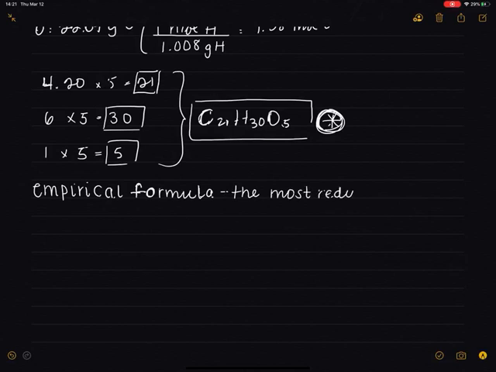When we talk about the empirical formula for a compound, we're talking about the most reduced version of that.